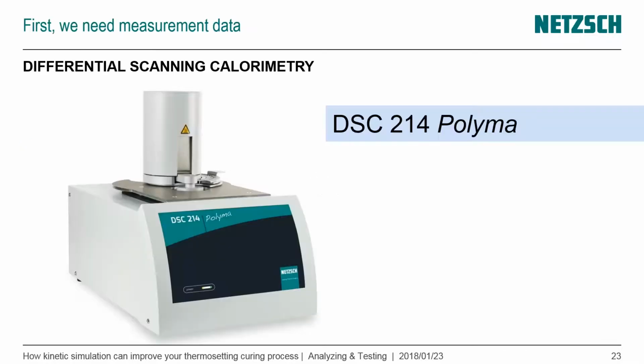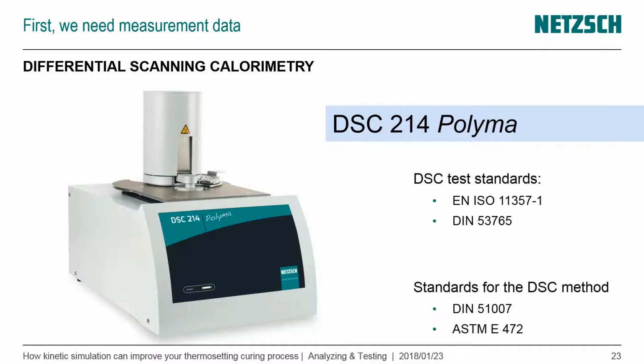First, to the measurement data. We need the measurement data first. We got the measurement data using differential scanning calorimetry. For the measurements of the customer, we used our DSC 214 polymer. There are several test standards for differential scanning calorimetry and also standards for the method for the DSC itself.